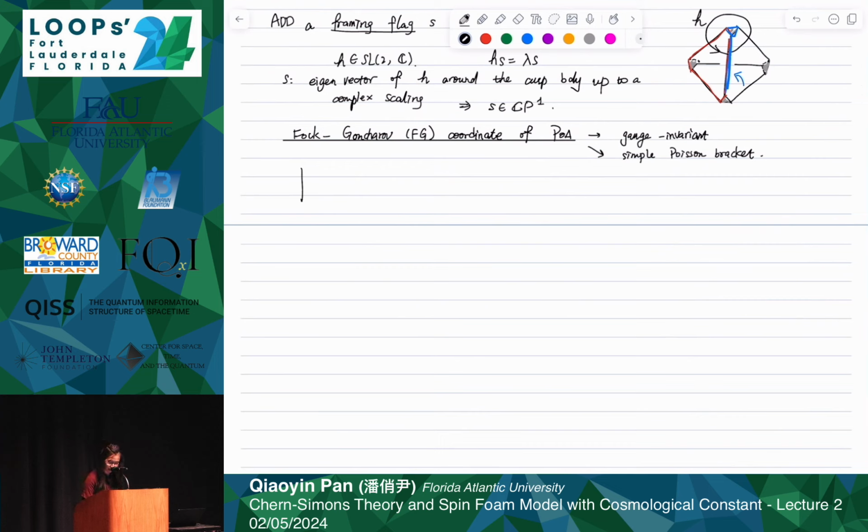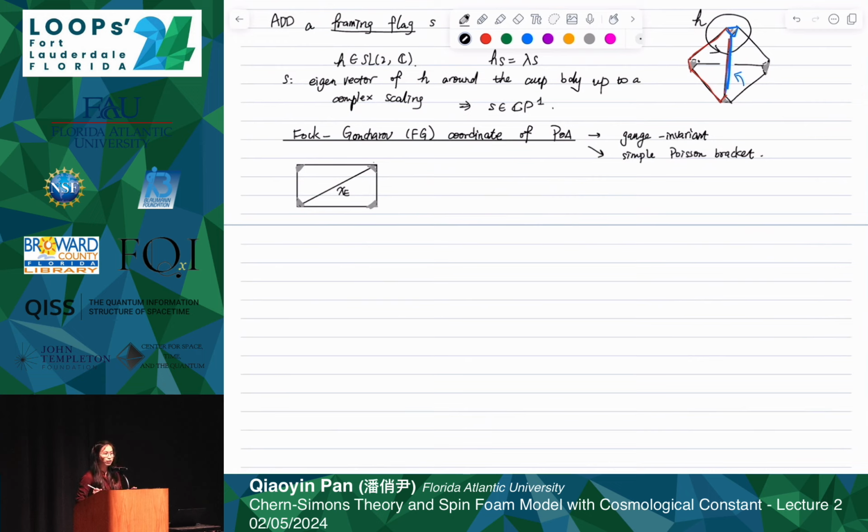For example, I have a quadrilateral like this, and here is the diagonal. Of course, all the vertices are truncated, so I should put a gray triangle here. The FG coordinate is associated to this diagonal edge. I call it X of E, say this edge is E.